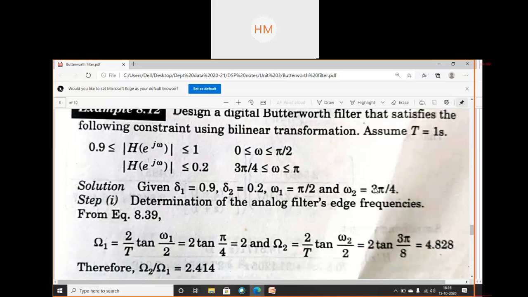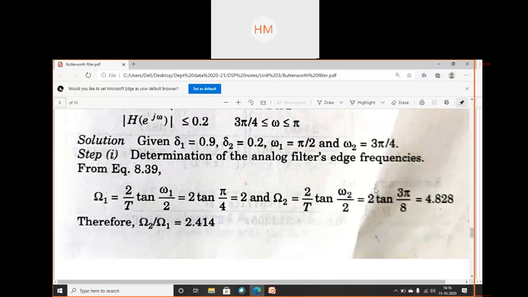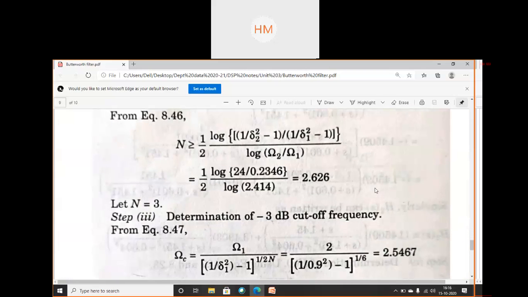Okay, filter order is coming out to be 2.626. Perfect. Next, determination of 3 dB cutoff frequency. As now you will take n as 3. Okay, now you will take n as 3. Do it fast.